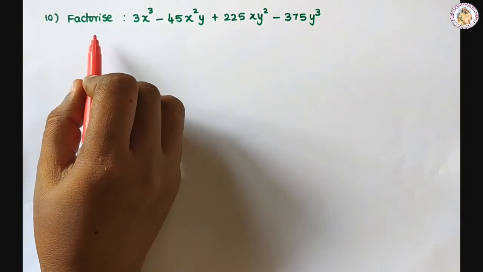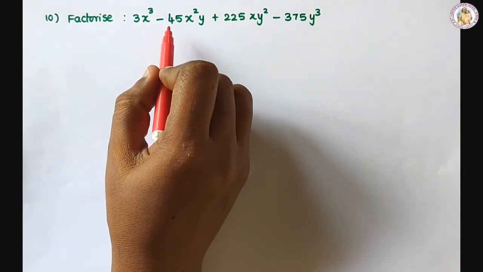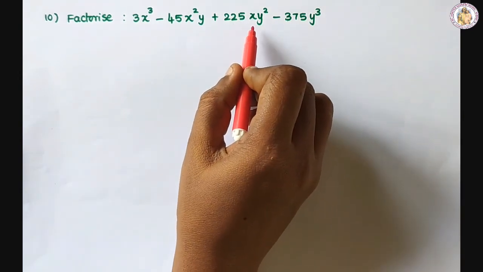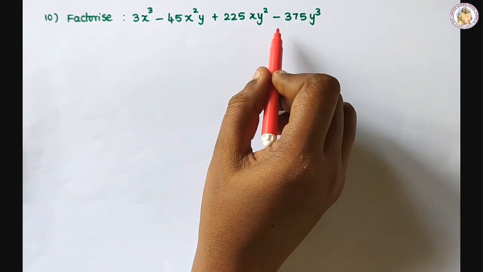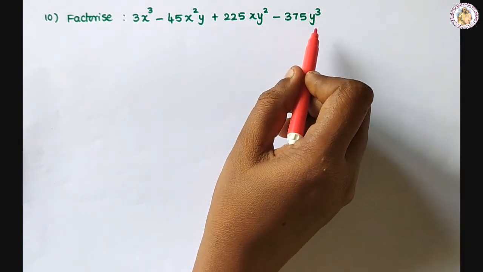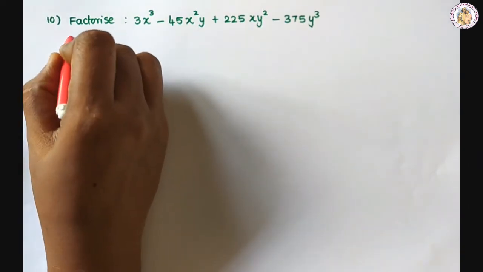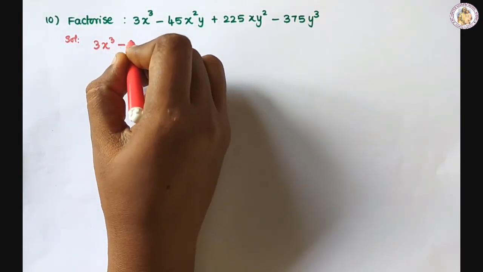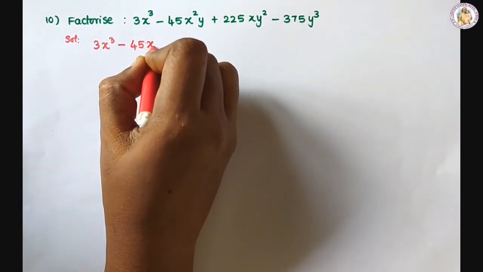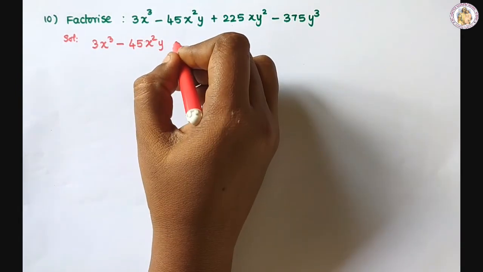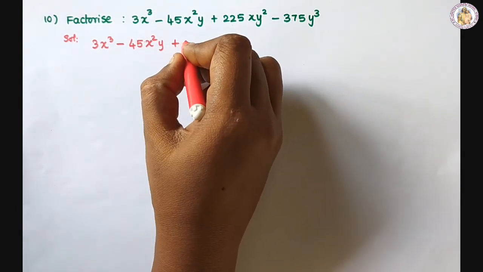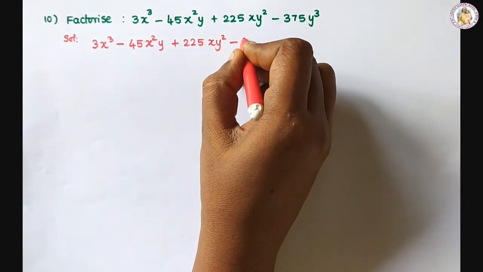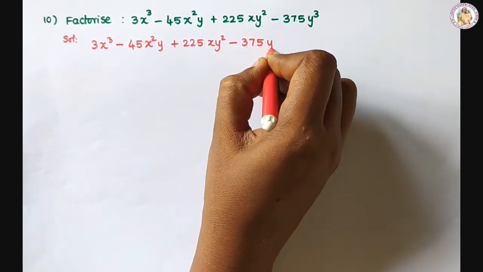10th sum. Factorize 3x cube minus 45x squared y plus 225 x y squared minus 375 y cube. Listen. 3x cube minus 45 x squared y plus 225 xy squared minus 375 y cube.